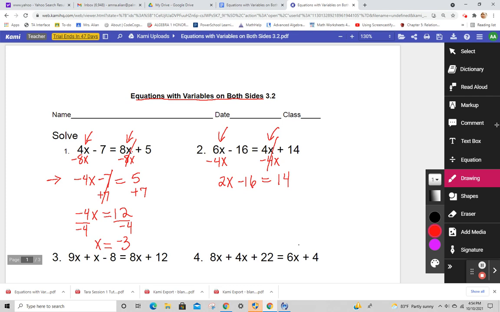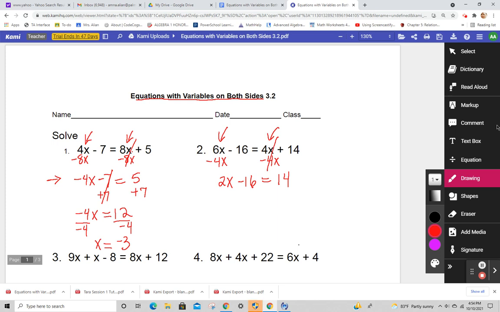Now I'm doing it this way. I'm always going to subtract out the variable term that's on the right so that all of my x terms end up on the left, but it's not the only way you can do this. You can use a different method besides the one that I'm using, but I'm going to stick to this method because I want to use one method to make it simpler and less confusing, especially when you're learning this for the first time.